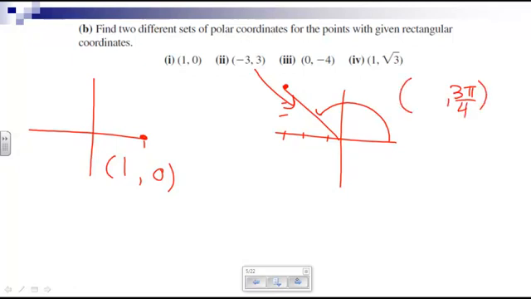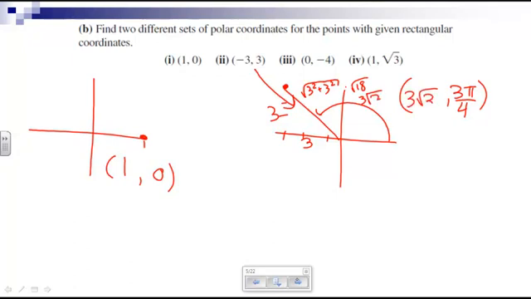How far did I have to go to get out there? Well, this side of the triangle is 3. This side of the triangle is 3. This is a hypotenuse, so it's the square root of 3 squared plus 3 squared. The square root of 18, or 3 root 2.